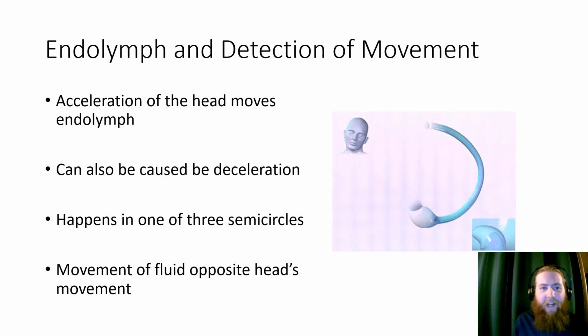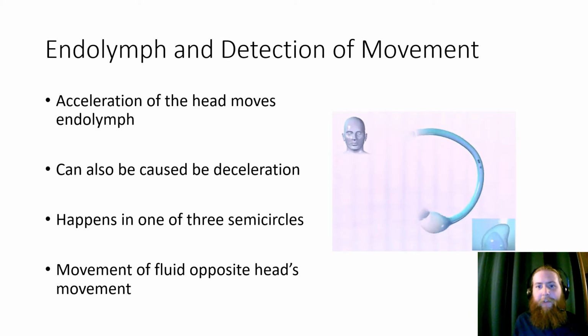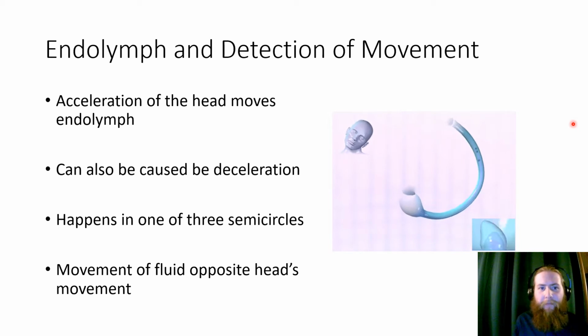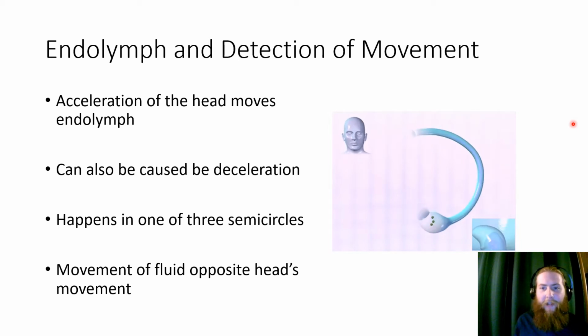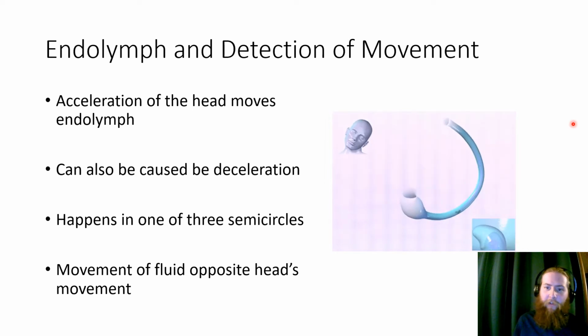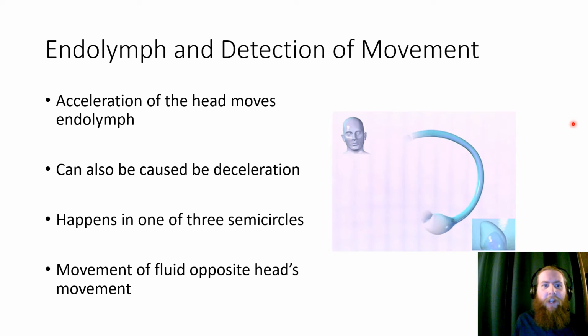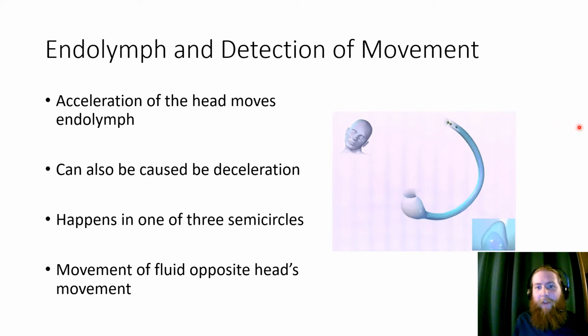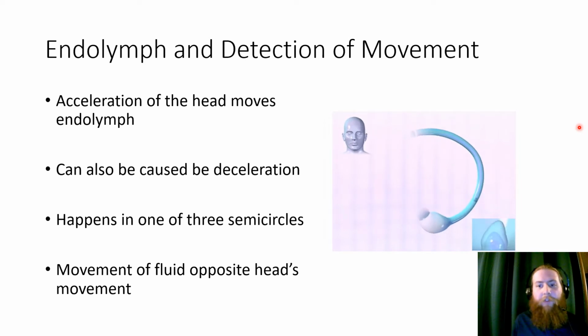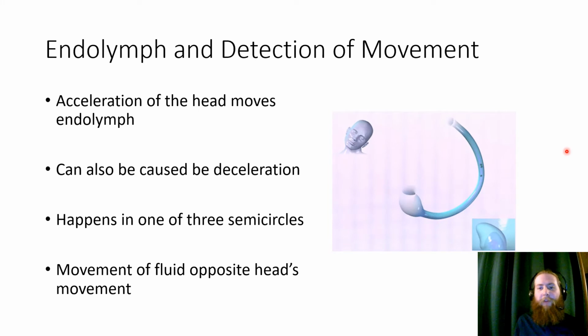So inside of these semicircular canals, we have fluid, this endolymph. So acceleration of the head from not moving to moving, or deceleration of slowing down, or negative acceleration, moves this endolymph around in here. And this happens in at least one of three semicircles, depending on which direction your head is moving.